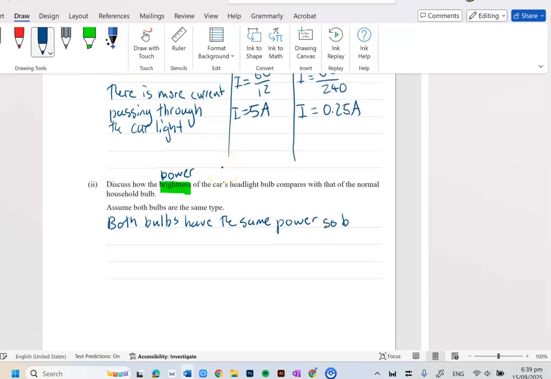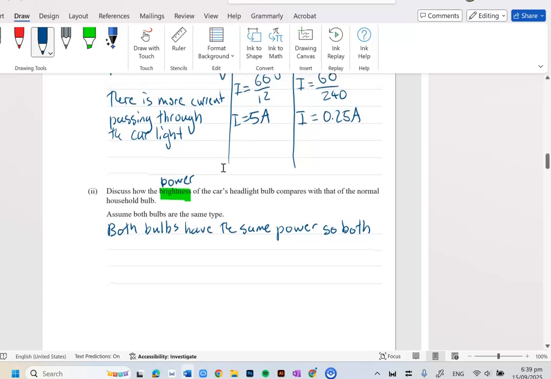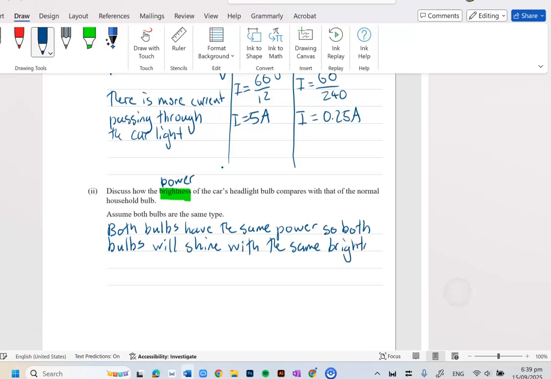So both bulbs will shine with the same brightness. Okay? That is literally all you need, I think.